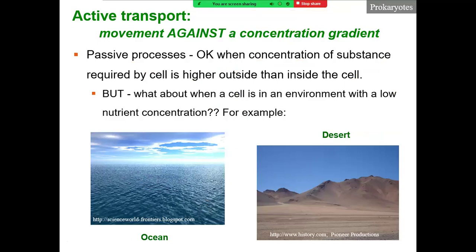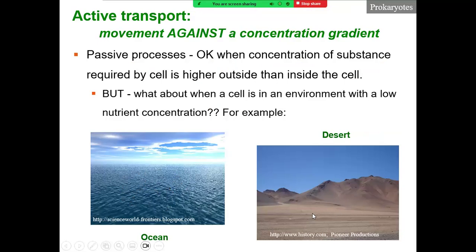All right. Movement by passive processes is okay when the concentration of the substance required by the cell is higher outside the cell than inside the cell. But what about a cell in an environment with a low nutrient concentration, such as a cell in the open ocean? The cell is much more likely to have the molecules it needs inside the cell than it'll find outside the cell.